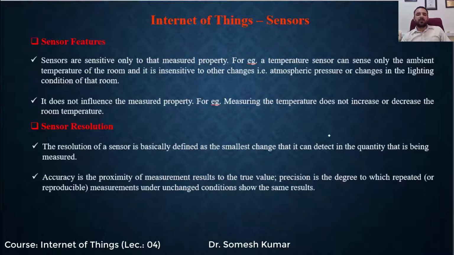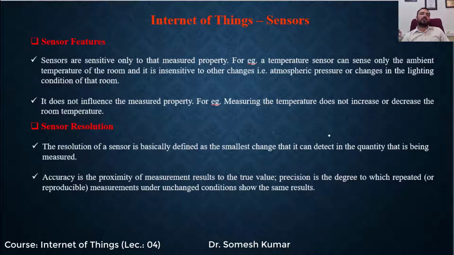If the sensor is placed in this room, it only finds out the value of your temperature. With this sensor, the temperature value of 30 degrees Celsius does not increase or decrease. So it does not increase or decrease the room temperature. It only measures the property, so it does not influence the measured property.